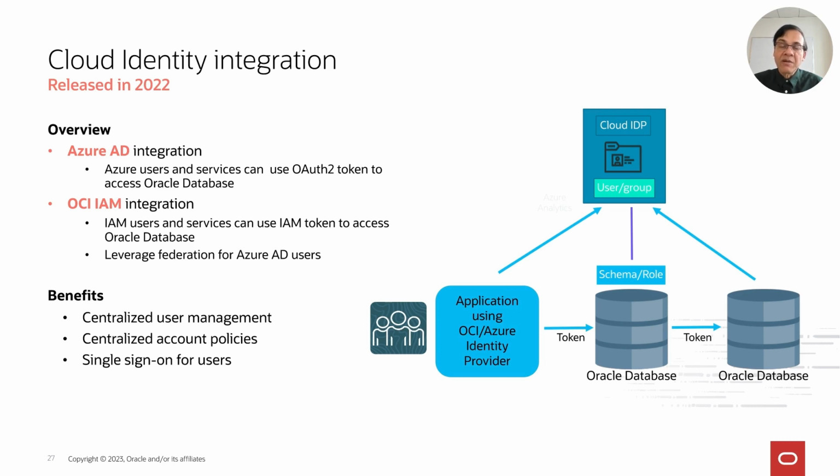So the database server can basically get an on-behalf-of token from the cloud IDP and send that token to the next Oracle database to support database link functionality. So using these functions, we are supporting centralized user management and centralized account policies in the cloud IDP for Oracle database, and also single sign-on for users.